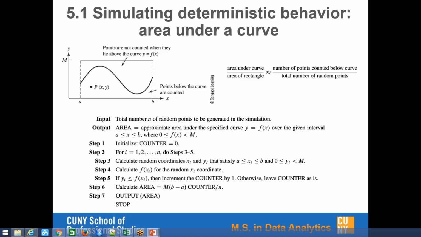Then you count the number of points below the curve divided by the total number of random points, so that you can get the area under the curve. The input is the total number n of random points to be generated in the simulation, and the output is the approximate area under the specified curve, y equals f(x), over the given interval a ≤ x ≤ b, where 0 ≤ f(x) ≤ m.